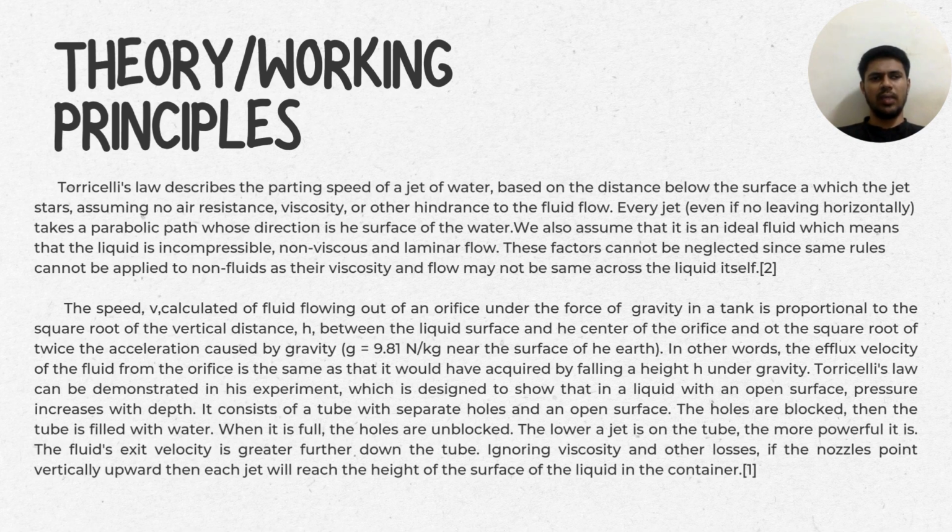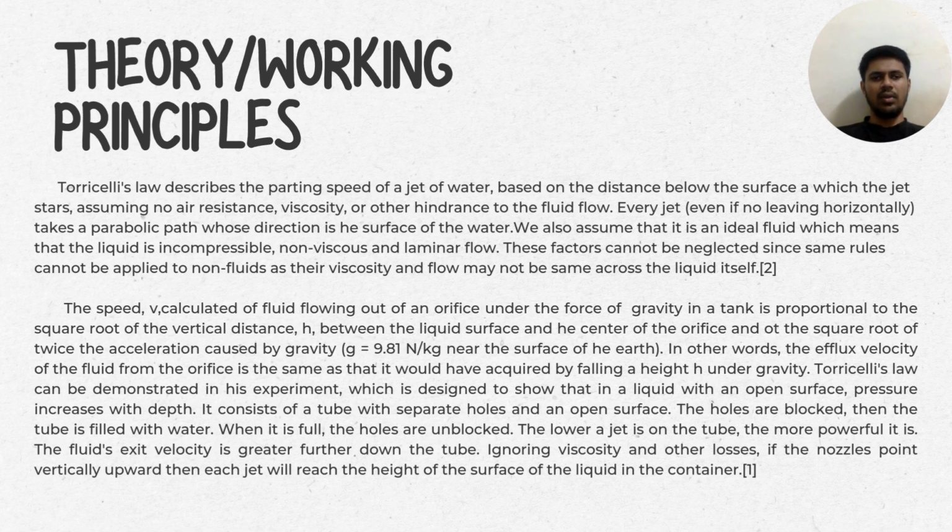We also assume that it is an ideal fluid, which means that the fluid is incompressible, non-viscous, and in laminar flow. Thus, the same rule cannot be applied to non-ideal fluids as their velocity and flow may not be the same across the fluid itself.